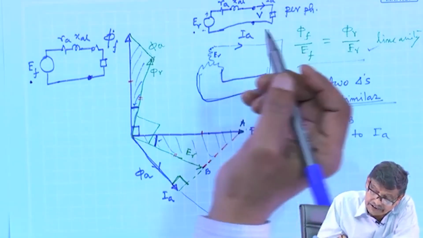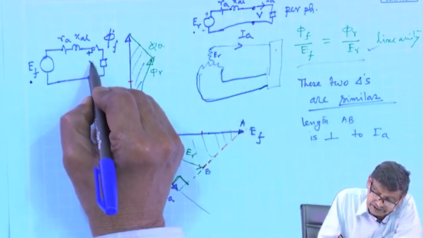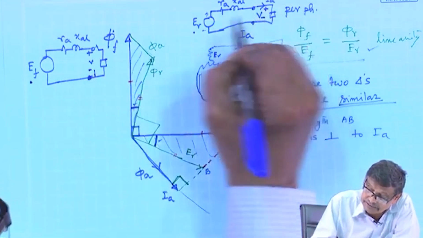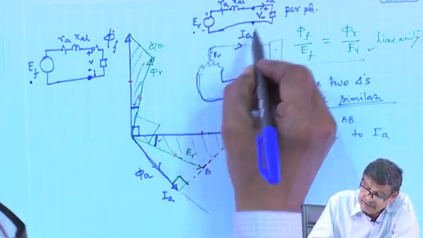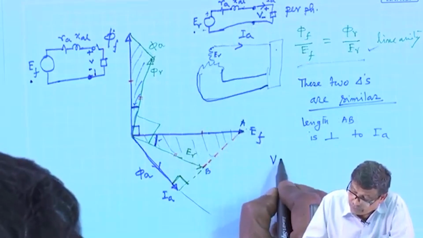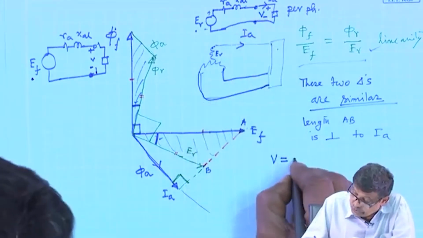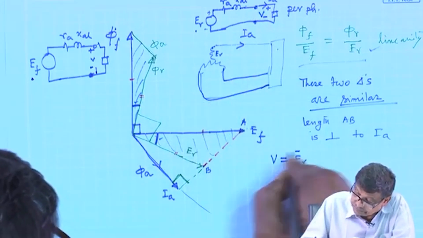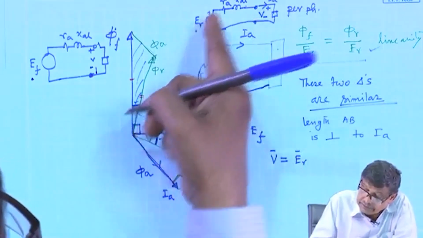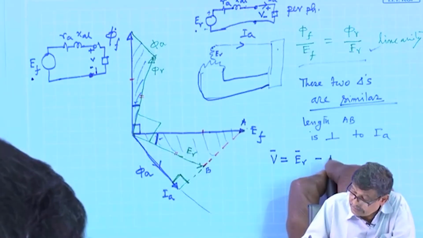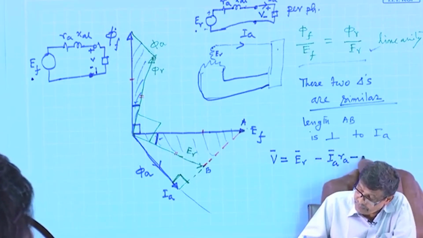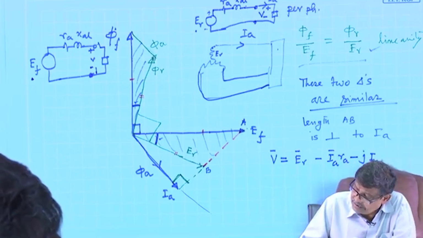Therefore, you see, if you call this terminal voltage, plus minus, this current is IA. What is the relationship of this current and this? I will write terminal voltage V should be ER phasor, ER minus this drop, minus IA RA, minus j IA XL.